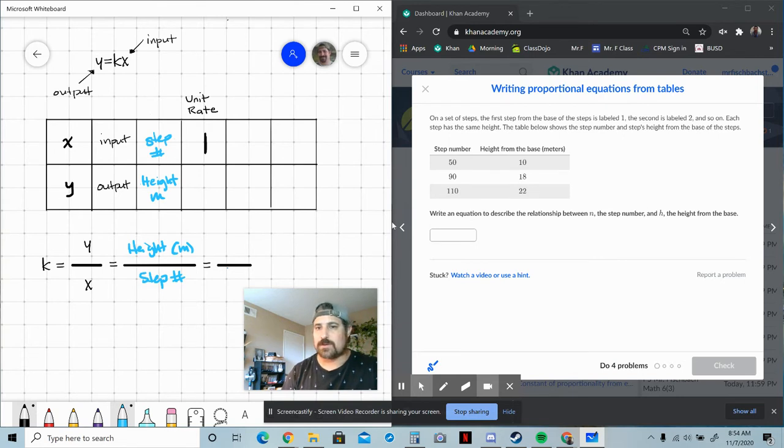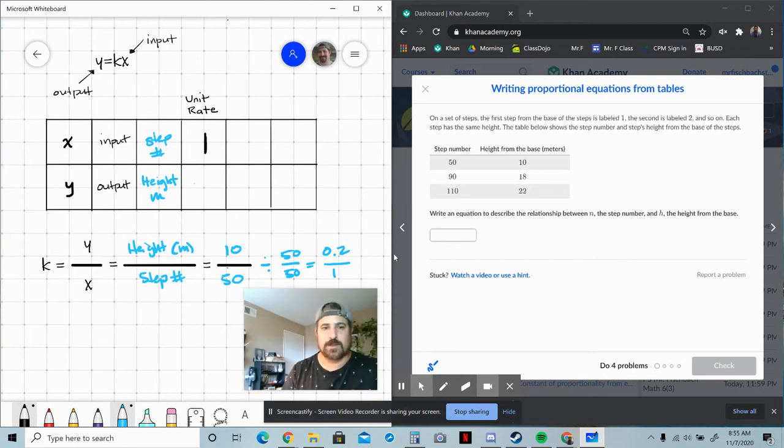So it tells us here that at step number 50, so when the input is 50, you're going to get an output of 10. If we divide top and bottom by 50, we're going to get our unit rate. 50 divided by 50 is 1, and 10 divided by 50 is 1/5 or 0.2. So what it tells you is you're getting 0.2 meters for every step.